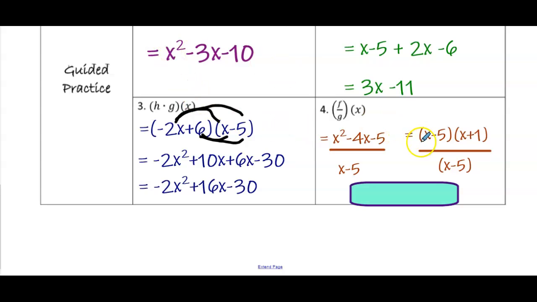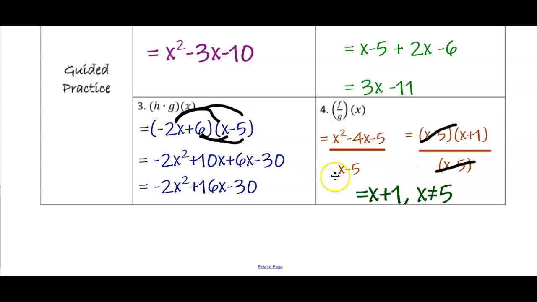You do have common factors, so the x minus 5s cancel out, and that leaves you with your answer, x plus 1. But note, you do have to state any and all restrictions on x, and in this problem, if x is 5, it gives you a denominator of 0, which is not possible in math, so therefore, your restriction on x is x cannot be 5. So your answer is x plus 1, where x is not equal to 5.